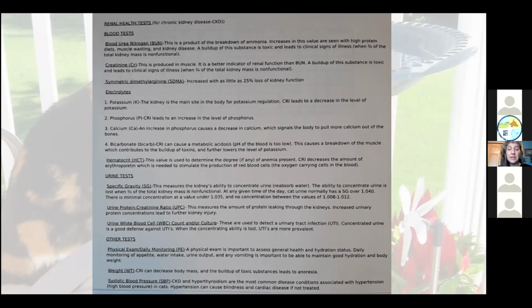That UPC and why they would be needing the benazepril if the UPC is elevated.